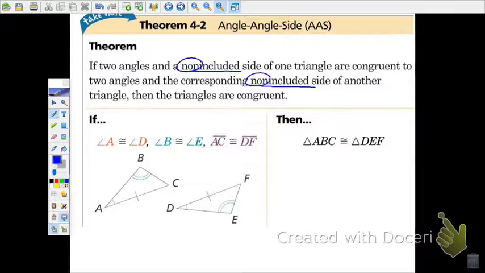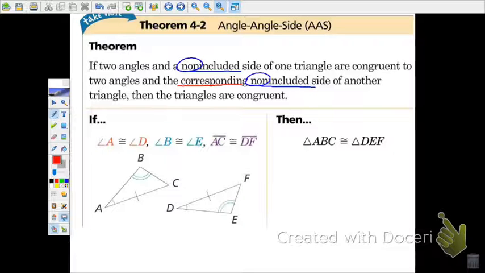Another key word here is that those non-included sides need to be corresponding, which means if we took what we do know and matched it up, so laid those two triangles on top of one another, the side that we have has to be the same. So if I took triangle ABC and flipped it over, I could lay it on top of the other triangle.